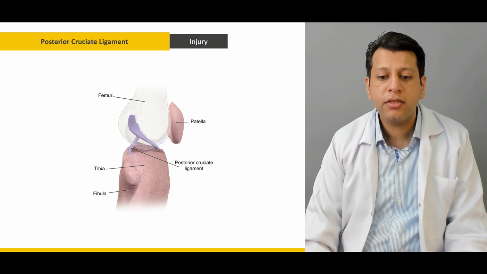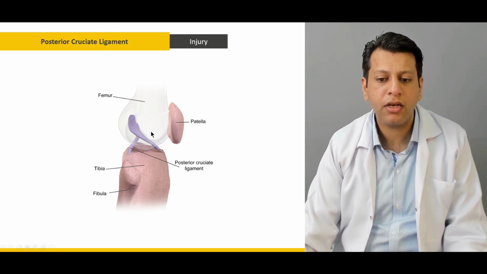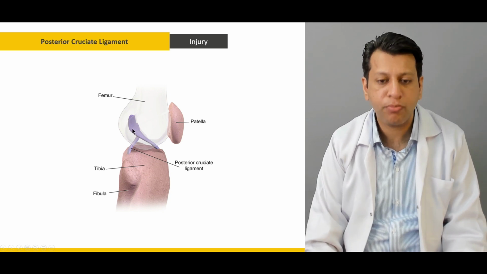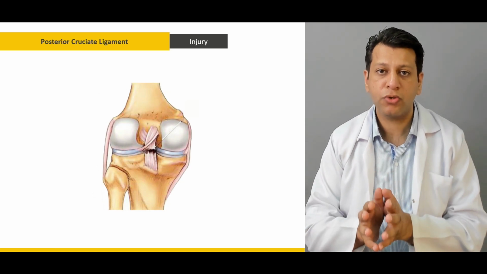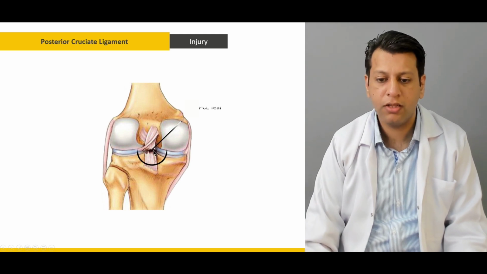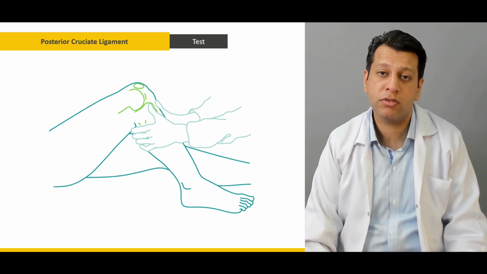If you can appreciate here, it starts posteriorly, ascends upward and anteriorly, and eventually goes medially, attaching at the 1 to 2 o'clock position. This is a view from posteriorly, and you can appreciate the mid-substance rupture of the PCL, which is usually mid-substance.